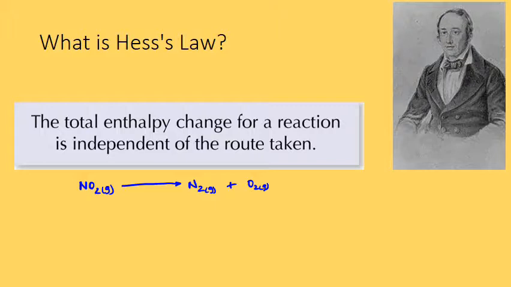So we need 2 moles of nitrogen dioxide, and that gives us 1 mole of nitrogen and 2 moles of oxygen, like that. So now that's balanced. So let's say we wanted the enthalpy change for that reaction there, that decomposition reaction. That is actually a very difficult reaction to do in the lab and to measure, and we'd struggle to work out that enthalpy change. Let's call that route 1.